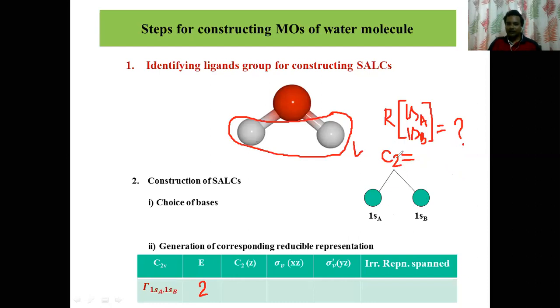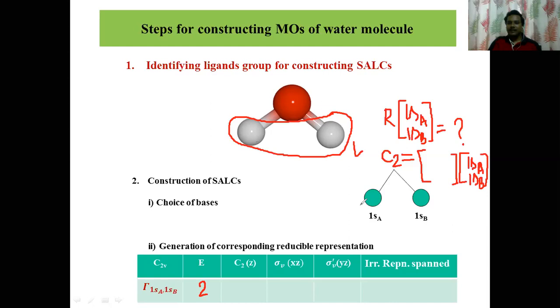Now look at here, if I perform C2 along this Z axis, 1s A becomes 1s B. Now 1s B becomes 1s A, right? So that means if I operate on the basis 1s A and 1s B, then what has to be my matrix to get the resultant?